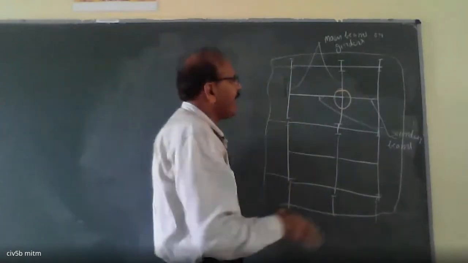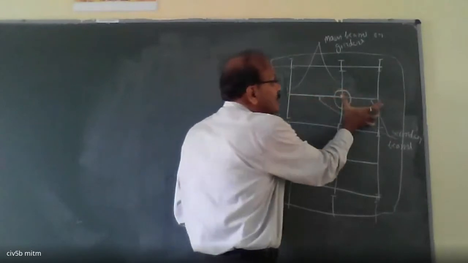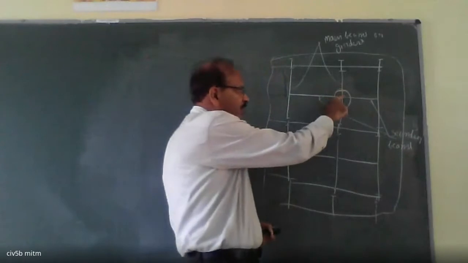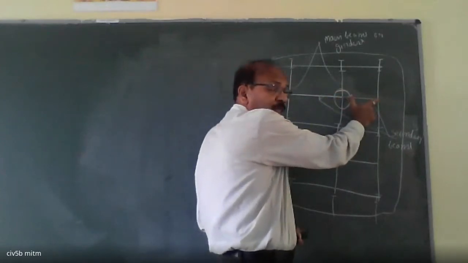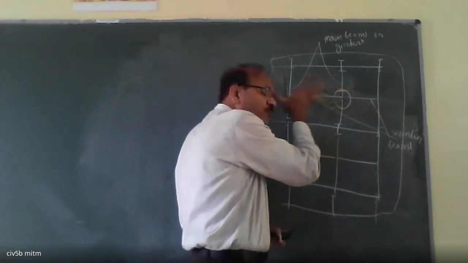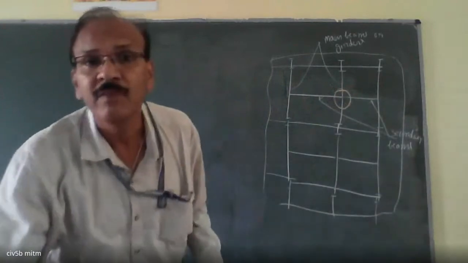Deliberately, I have drawn the span for this secondary beam more than the span for this beam. As a result, whatever section we need after design for this span is going to be less than the section we are going to provide here because of the lesser span.